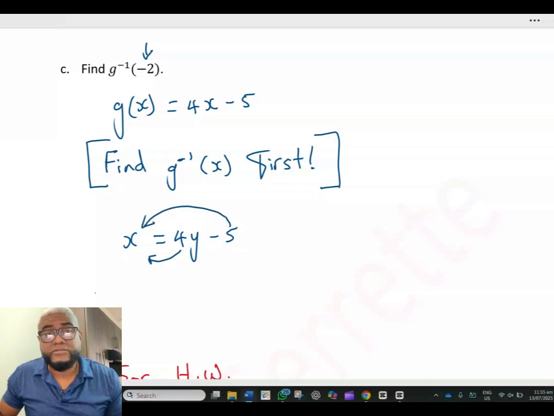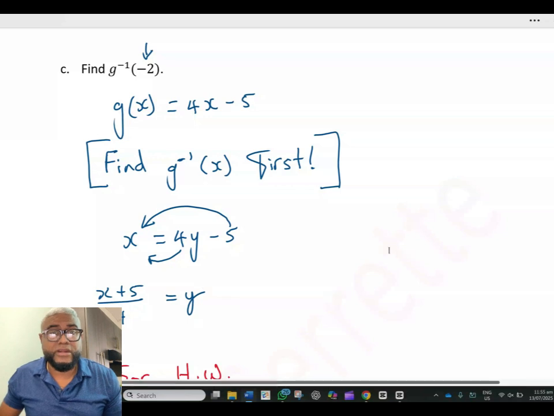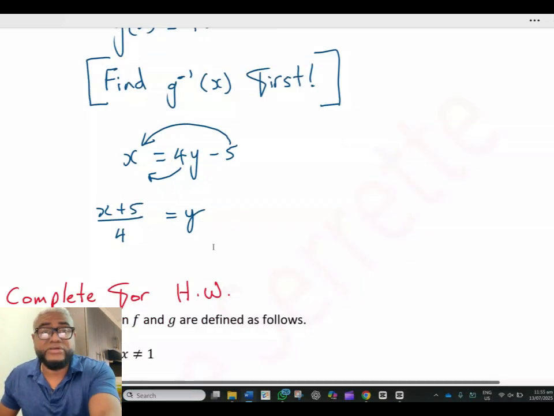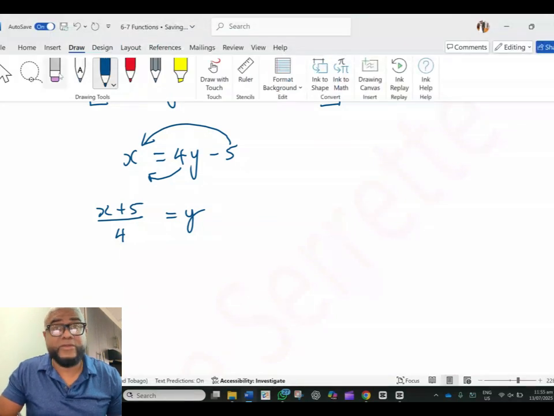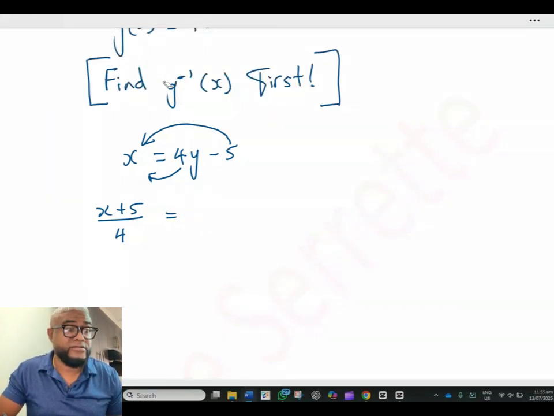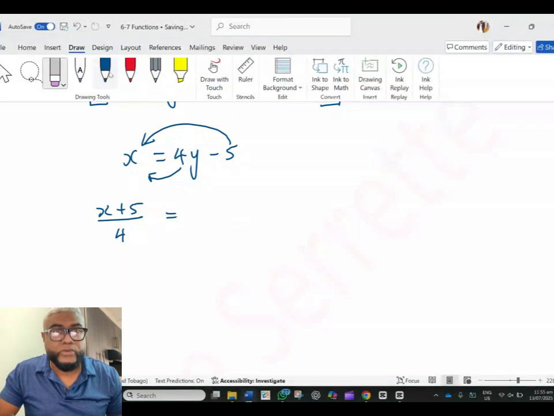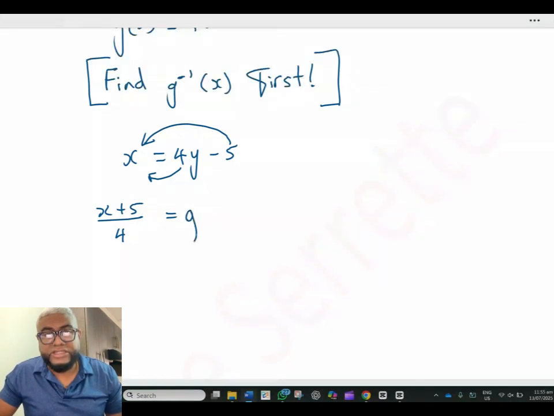Double whammy. x plus 5 over 4 equals y. I could even just put in the inverse here one time. One shot. You get full marks for that, no? Right. This will be g negative 1 of x.